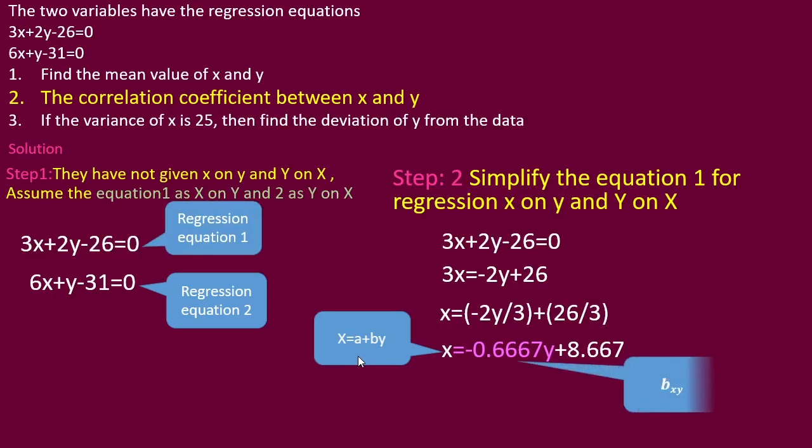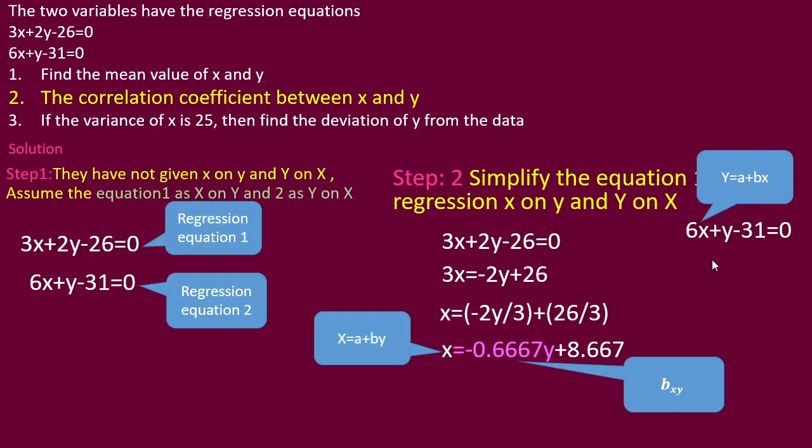I'll do the same thing for our byx here. I'll simplify the second equation, regression equation 2: 6x plus y minus 31 equals 0. It should be in the format y equals a plus bx. So I should keep the y on the left hand side itself, and transfer all other parameters to the right hand side.